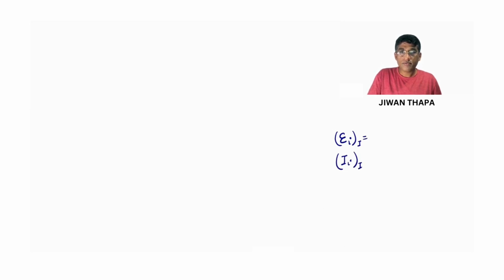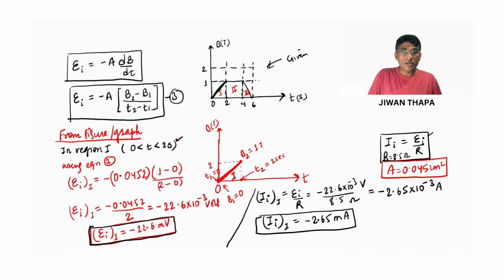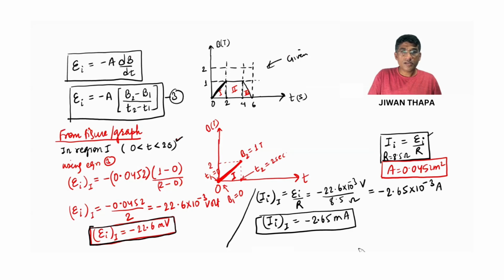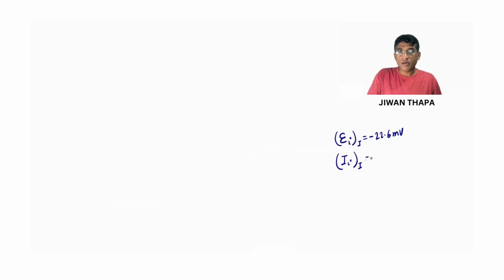This is minus 22.6 millivolt, and induced current is minus 2.65 milliampere. Next, for region second, induced EMF is 0 and induced current is also 0.